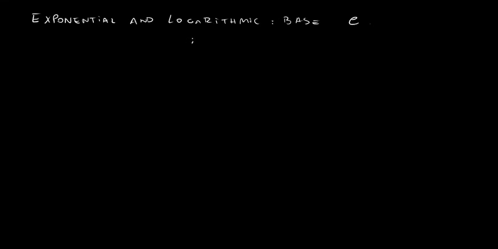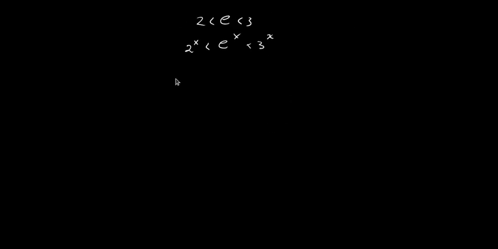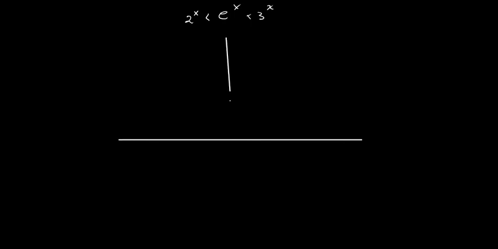So we're going to start by plotting the function f of x equals e to the power x. An idea to plot this function is to notice that e is a number between 2 and 3. So e to the power x will be a function between 2 to the power x and 3 to the power x. So when we plot our function, what we can do is first draw 3 to the power x.